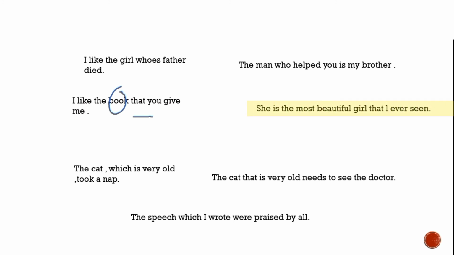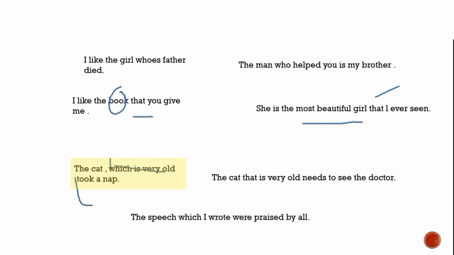In this example, we have used the superlative degree, which is most beautiful girl, and after the superlative degree, we always use the relative pronoun that. Our fifth example is: the cat, which is very old, took a nap. In this sentence, we have a non-defining relative clause, which is enclosed by commas. The cat took a nap.